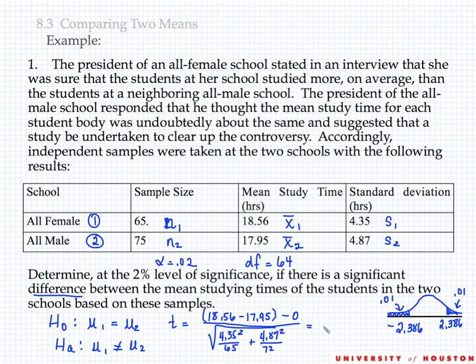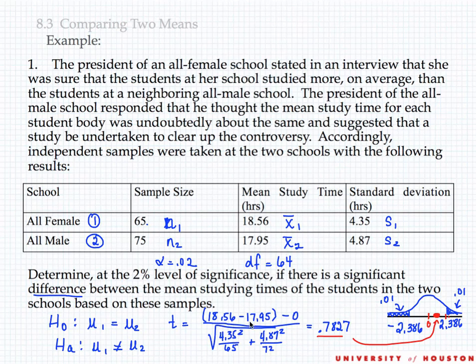This comes out to be positive 0.7827. That value is between 0 and 2.386. I'll plot it right there. It does not fall in my rejection region, so you can see that we're going to fail to reject.